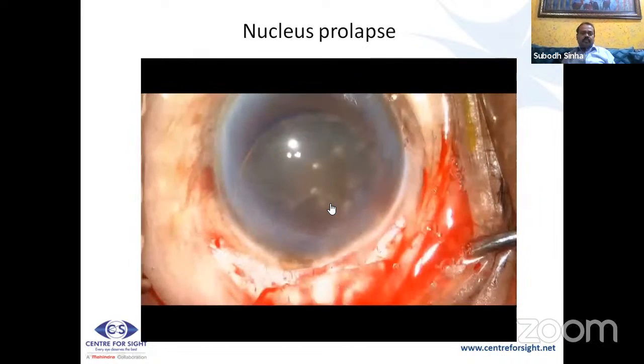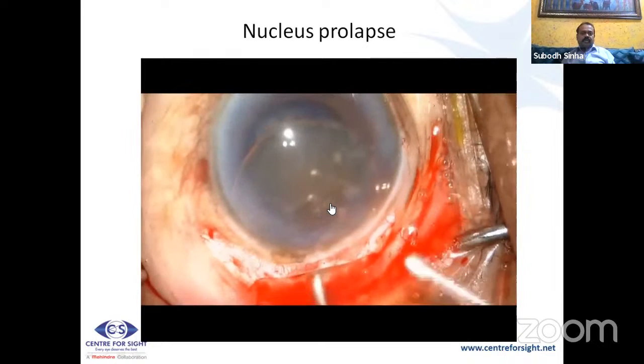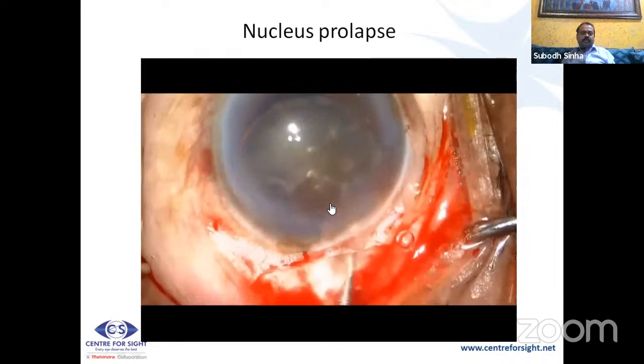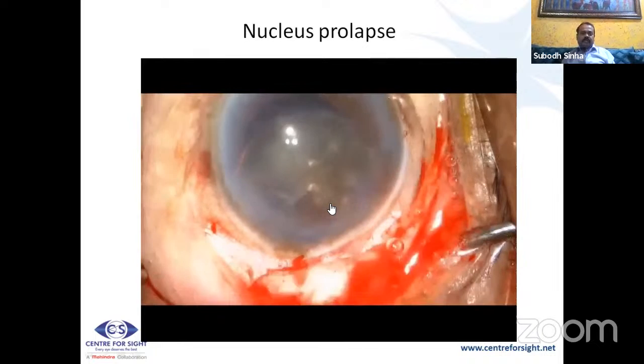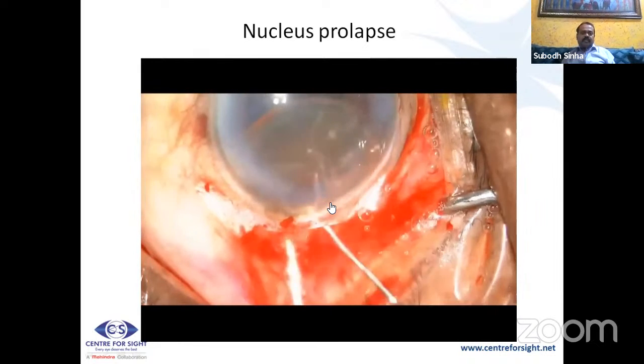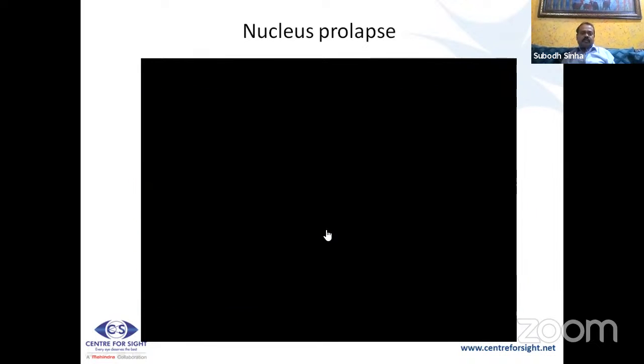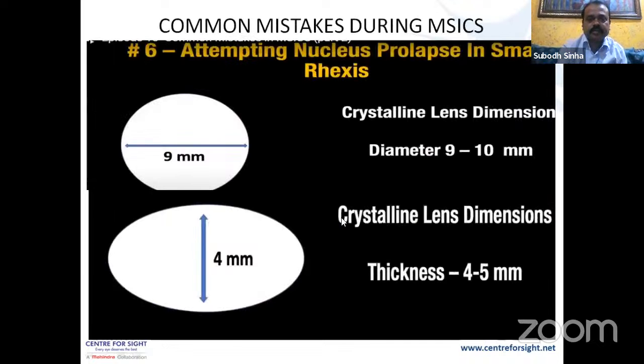Now trying to deliver the nucleus with visco expression, and also using the capsulotomy needle to take it out. So you have to be careful about the size of the rhexis.